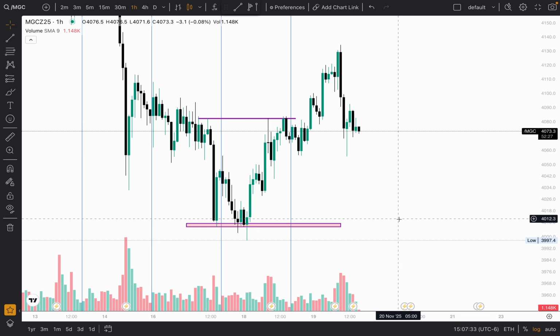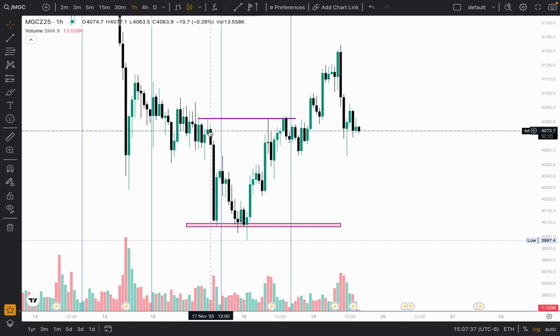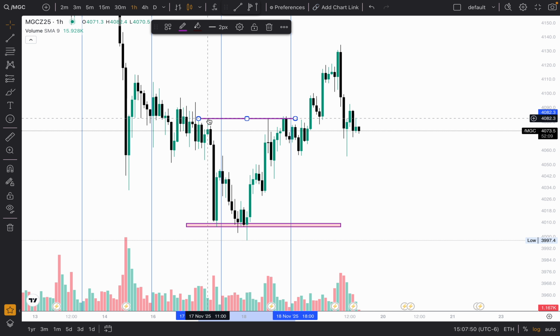For this specific example, we had this swing high right here. When we're looking for these swing points, we want to look for the points that affected the market. As you can see from this point, it seems as if this line pushed the market down.